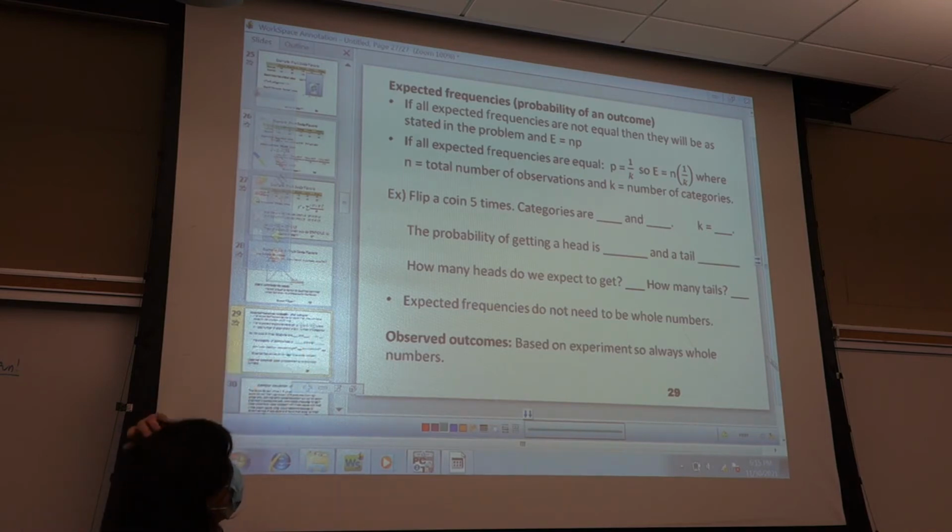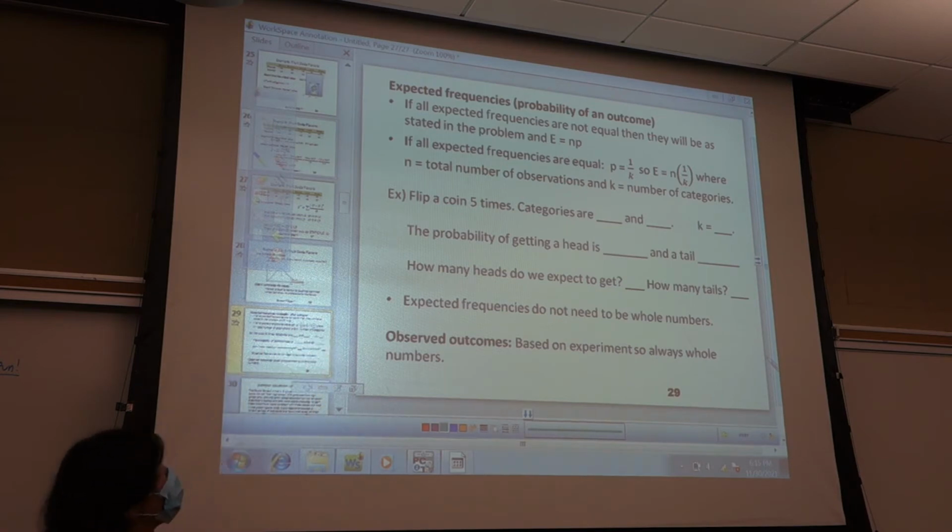But let's take a look at what expected values can be. So first of all, if I flip a coin 5 times, what are my possible outcomes? What are the categories? Heads or tails. Perfect. So my k is what? How many categories do I have? 2. Great. What's the probability of getting a heads? 50%.